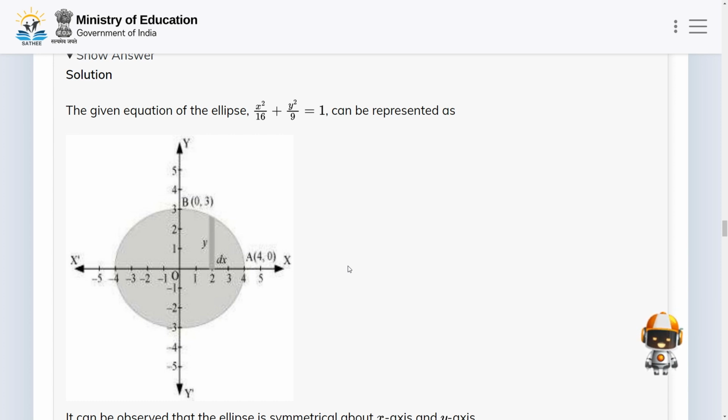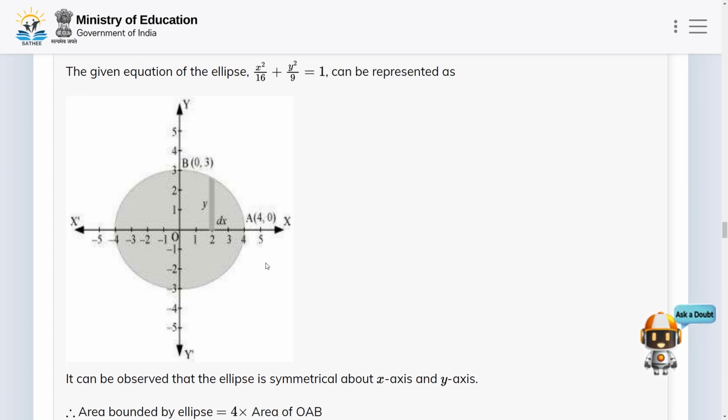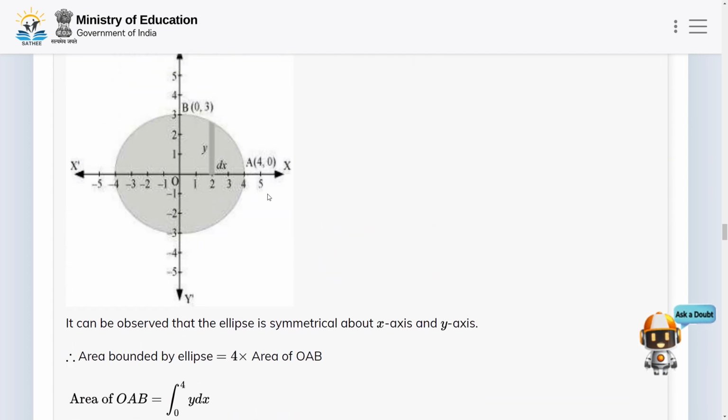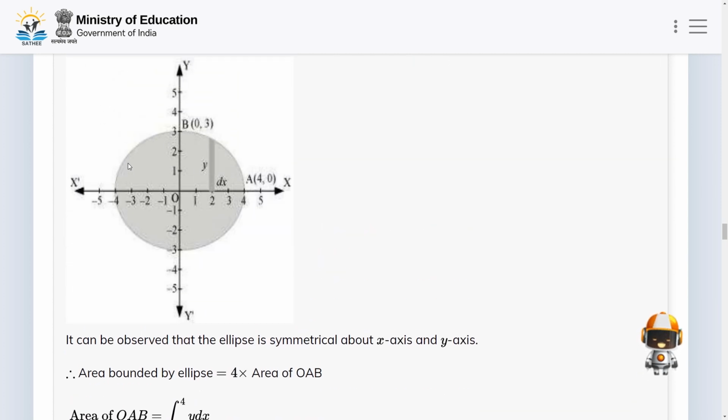Okay, clear? This is your 2D representation, so that you can visualize. The approach we are applying is the vertical strip approach. So width will be dx, height will be y.